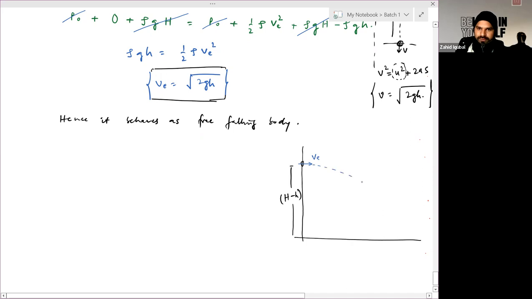So it will follow this trajectory to hit the ground at this point. Is it behaving like a projectile?